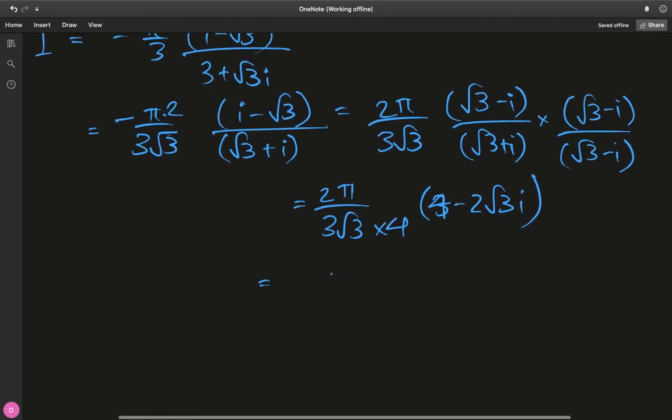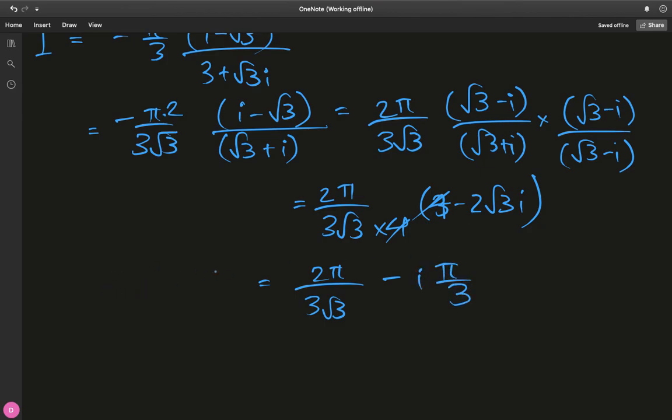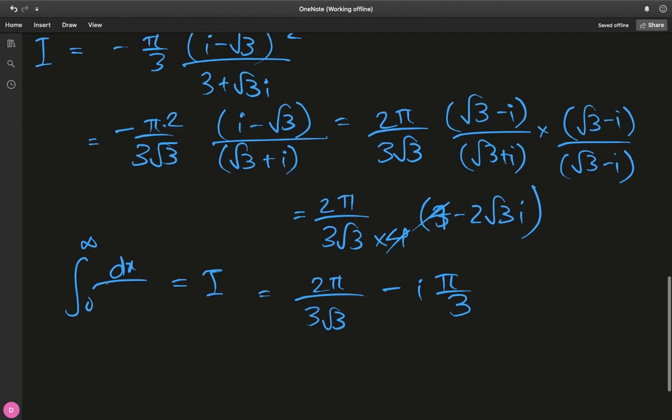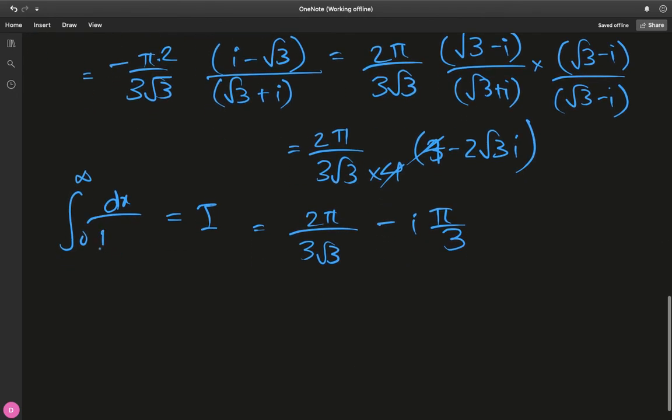Finally we have 2 pi over 3 root 3, and the 4s will cancel for the real part, minus, we're left with, for the imaginary part, i times pi over 3, and this is equal to I, which is defined as the integral from 0 to infinity of dx over 1 plus x cubed.